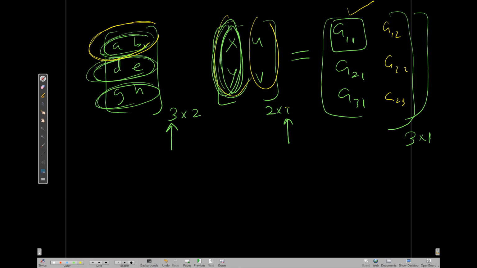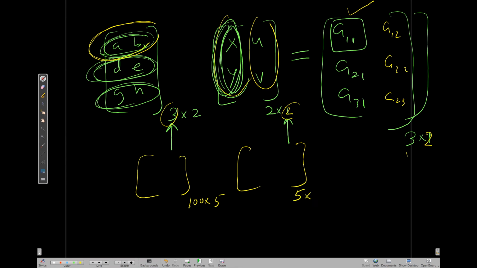This is 2 by 2, so 3 by 2, right? So if you have a matrix with 100 by 5, and the right hand side must start with 5 by, let's say, 48, the resulting matrix is 100 by 48. I think now this is clear, right?